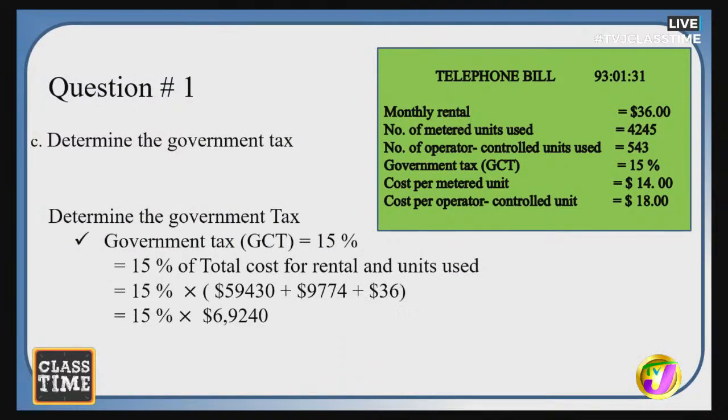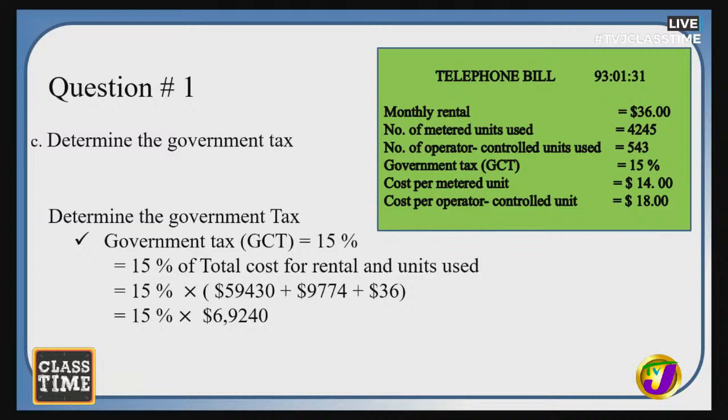We would have to find 15% of the total cost for rental and units used, as you would have said before. We have already found the total cost for meter units used, the total cost for operator control units used, and we have a monthly rental fee of $36 that we must include.